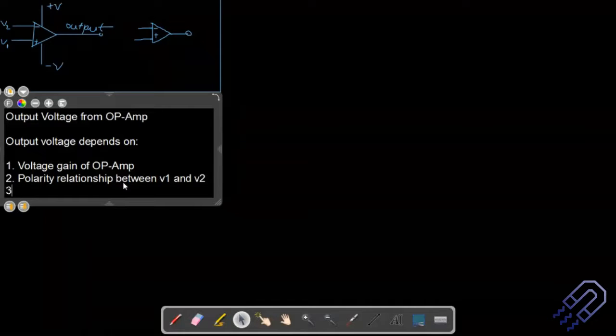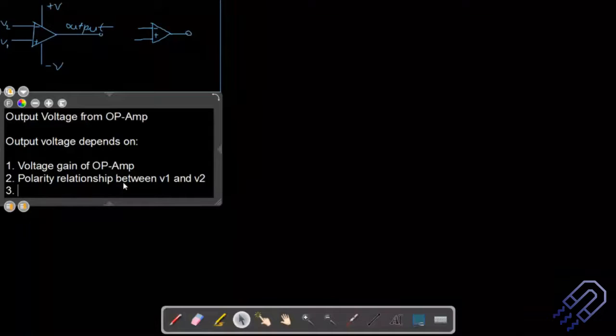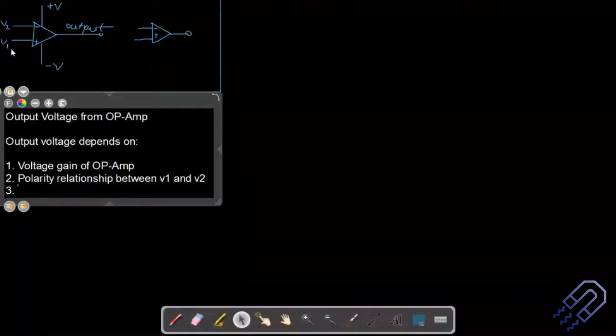This is quite obvious. Is there a phase reversal or no phase reversal? If you are considering a signal only through V2 and nothing through V1, you can keep it grounded, and so on. This relationship also decides the output voltage, and of course the supply voltage, plus V and minus V. So these are the factors on which the output voltage of our op-amp depends.